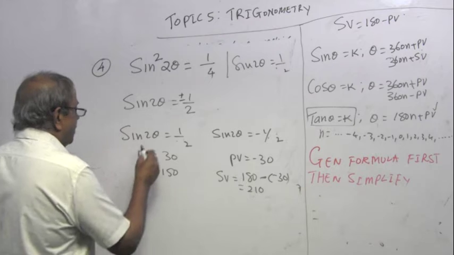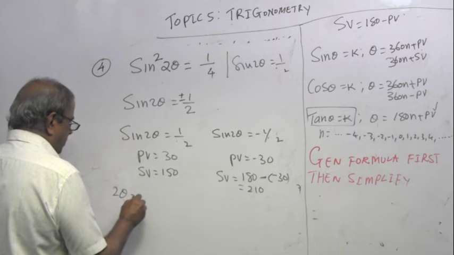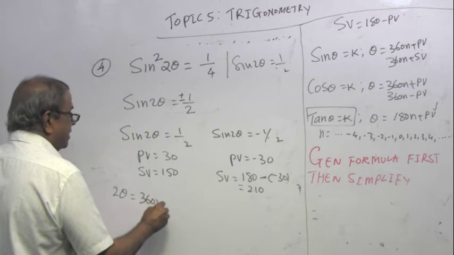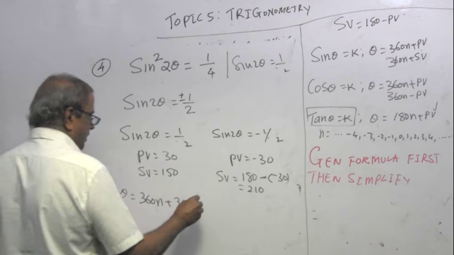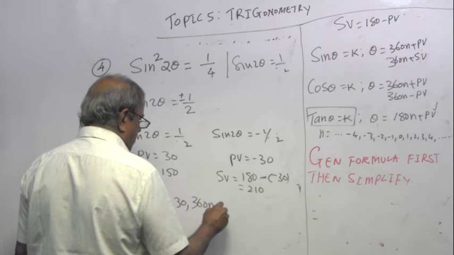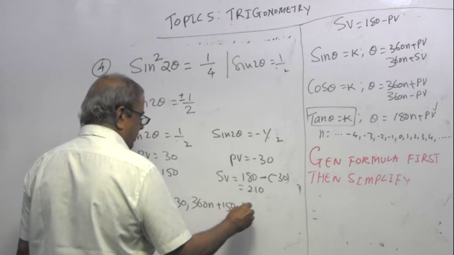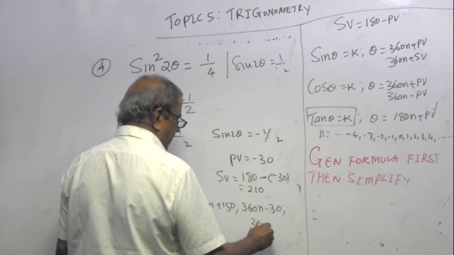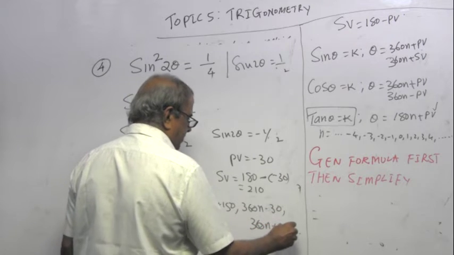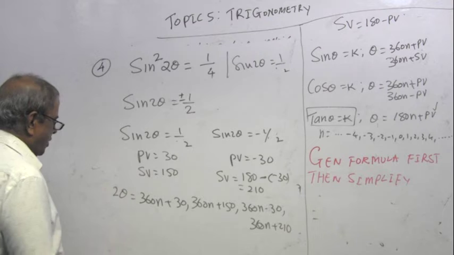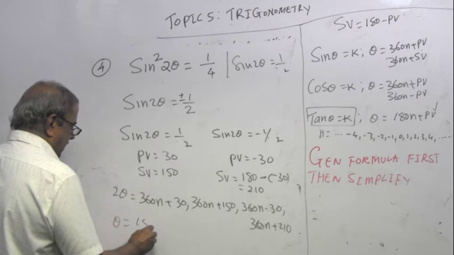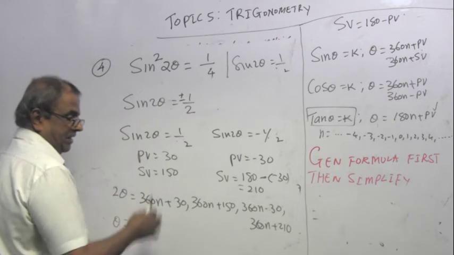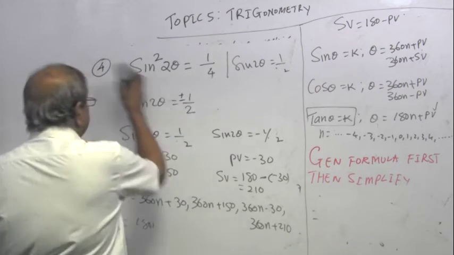So therefore, 2θ equal to 360n plus 30, 360n plus 150, 360n minus 30, 360n plus 210. You got 4 formulas. So what is θ? 180n. Let me write θ here so that I have space.